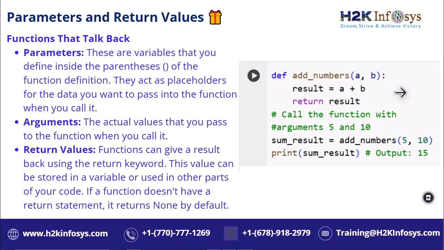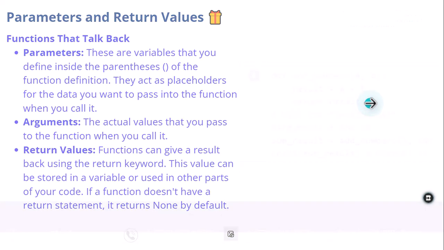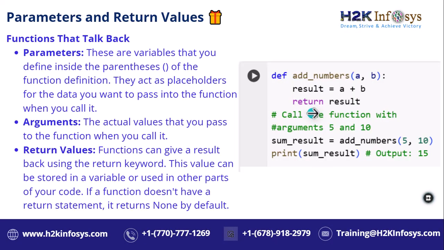The 2 numbers which we want to add are written here inside the parenthesis. These are actually called parameters and I am using these 2 inside this function. So result equals a plus b, and what is the meaning of return here? Whatever the result is, you are returning it whenever you call a function.